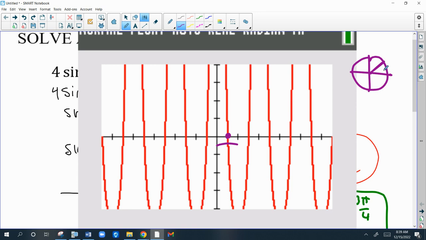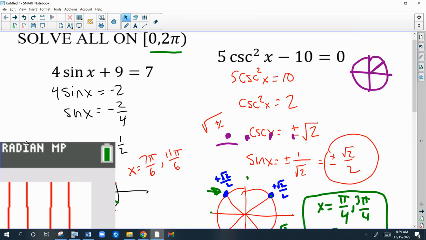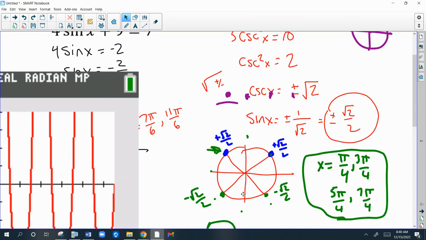I won't spend a lot of time on this one because it's the middle on the first, middle on the second, middle on the third, middle on the fourth. So it's all the pi over 4 spokes, and when we went to solve it, that's exactly what we got.